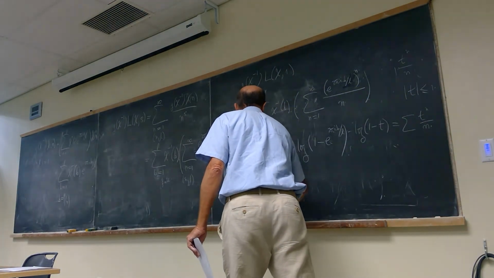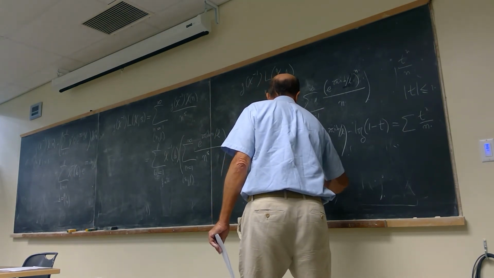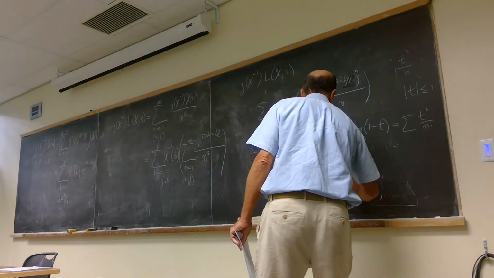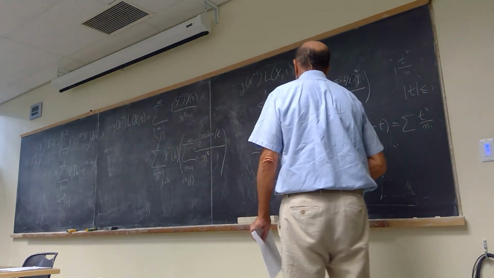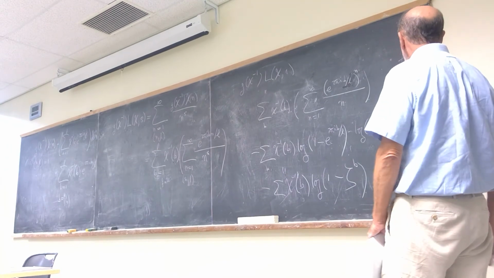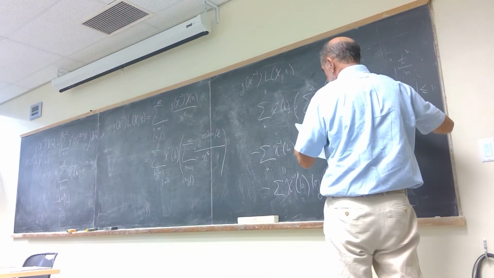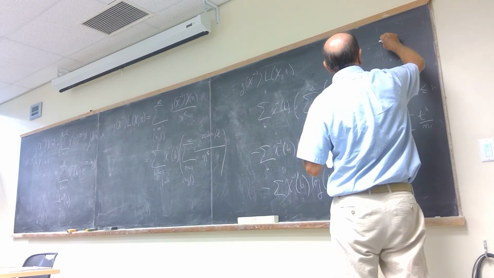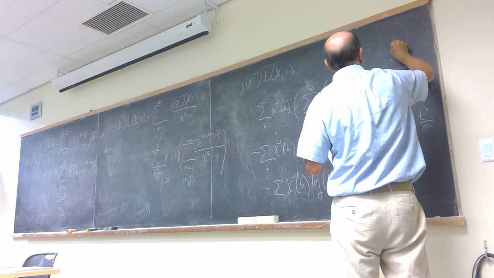Minus summation of chi inverse of b, the log of 1 minus zeta to the b, where we're taking the principal branch of the logarithm, right, which converges on a disk around 1.